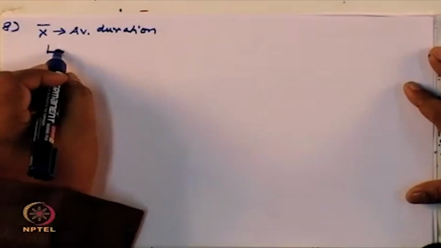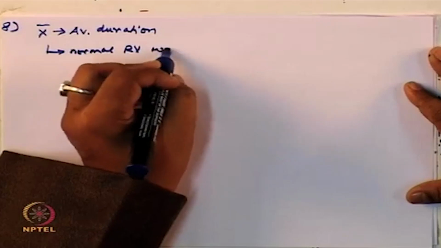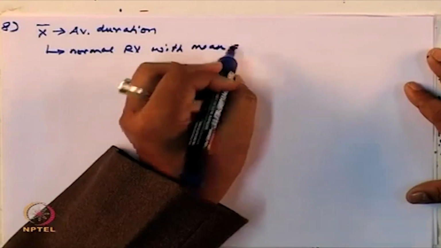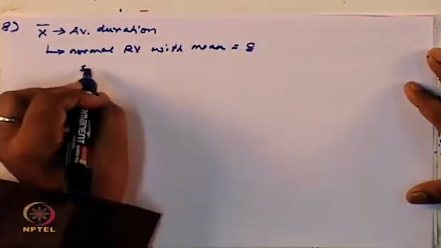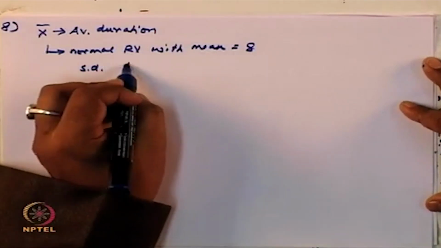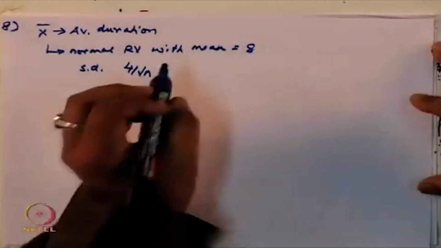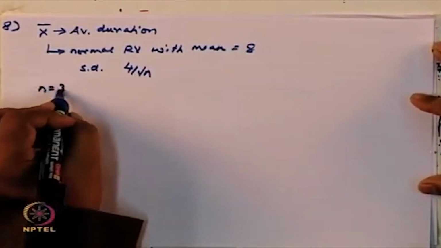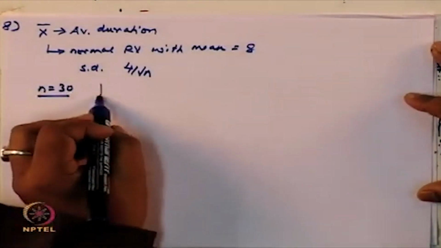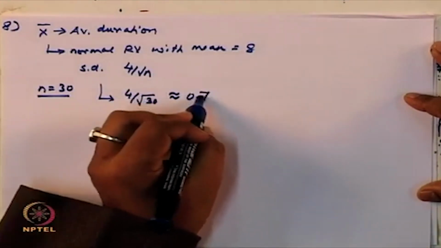So, x bar will be a normal random variable with mean equal to 8 and standard deviation equal to 4 by root n. In our case n equals 30, because 30 medical records are chosen. For this, your standard deviation comes to 4 by root of 30, which is approximately equal to 0.73.